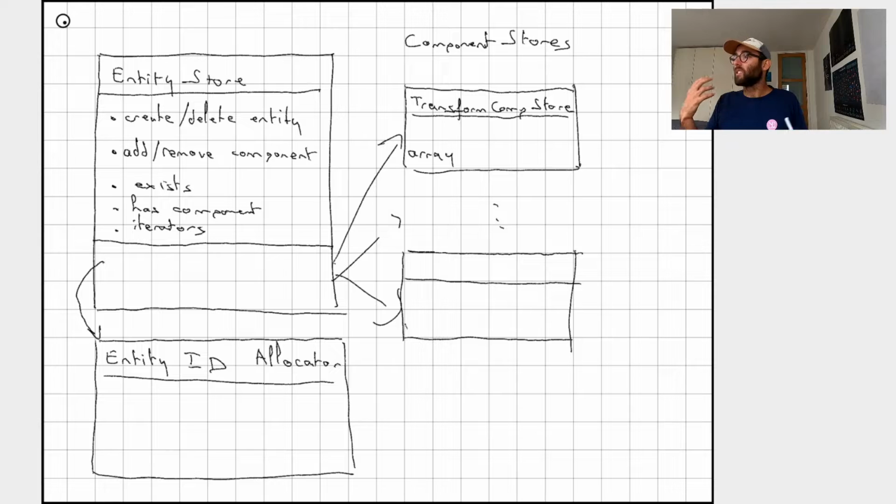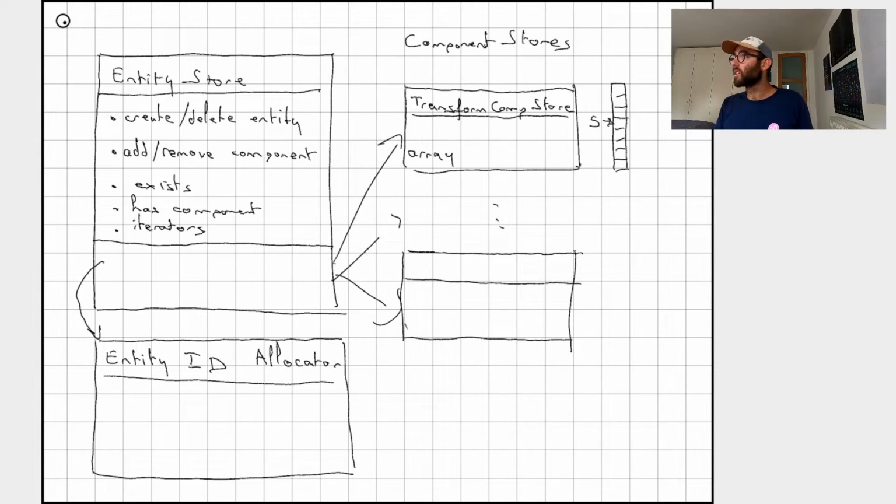And when it's created, the entity does not have any components yet, right? But by design, this ID will still correspond to a component in this array. So let's represent the array here. From the beginning, it exists. So when I create entity number 5, it corresponds to this element in the array, but it doesn't have a component yet. So how do we handle this?